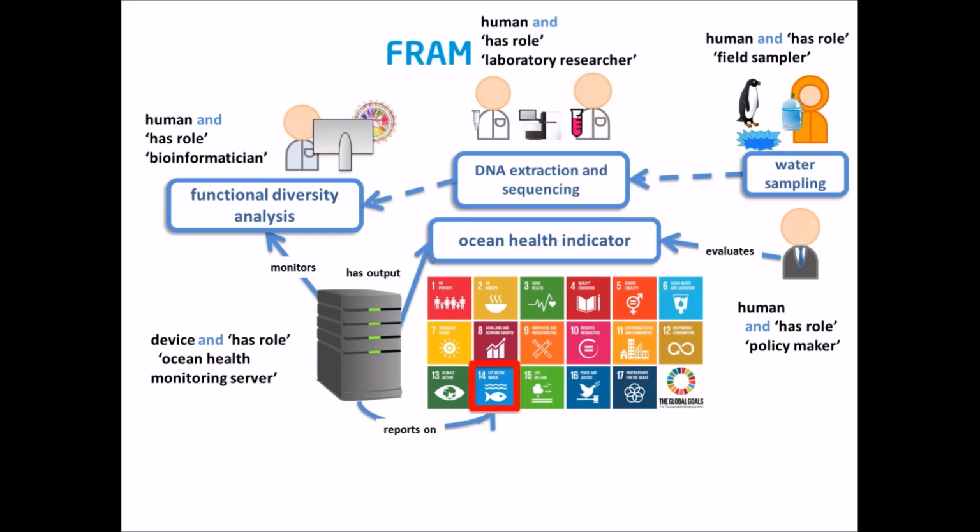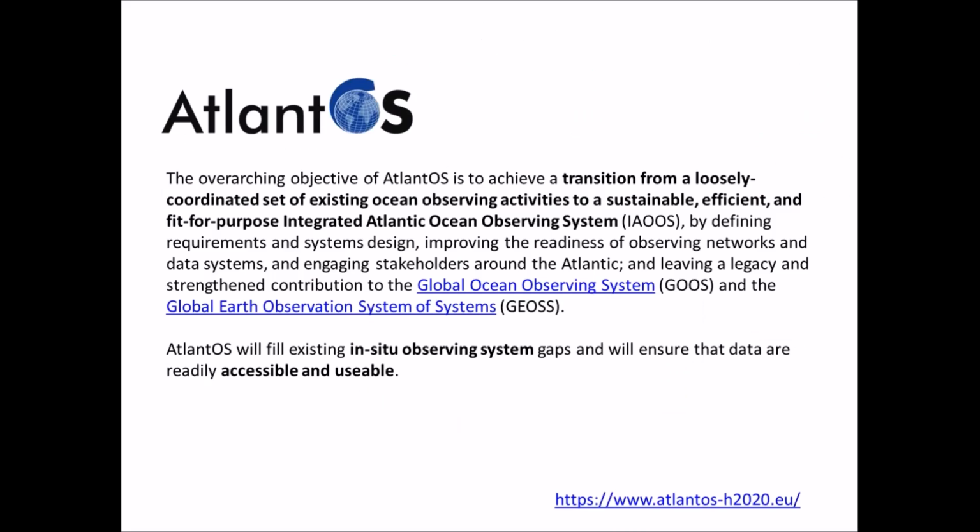This is what brings me to trying to represent knowledge across all of these different components, so that the data flows more readily. The initiative we're working on, the FRAM initiative, is nested within a consortium called AtlantOS, an Atlantic Observing System.